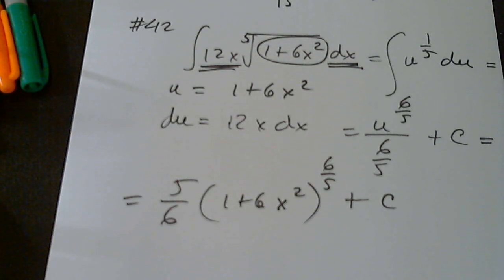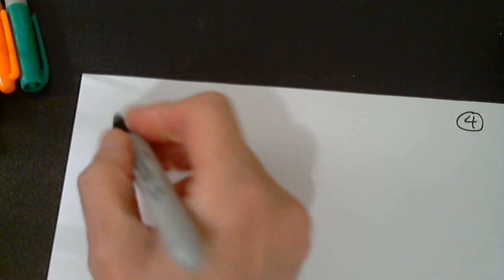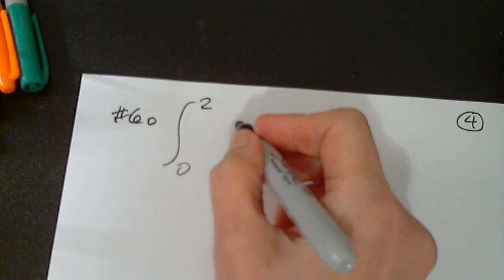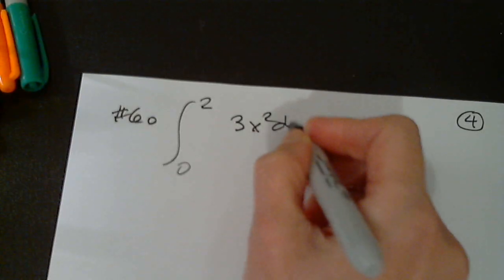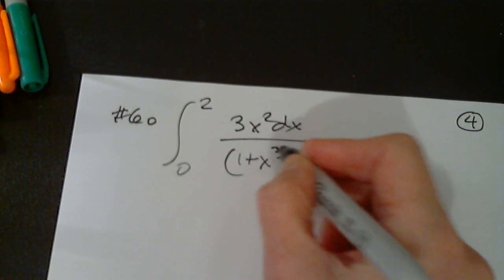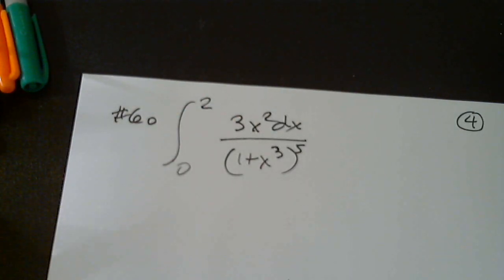Anything else? Can we do 60? Yes, of course. Let's do 60. I highly recommend also looking at the ones that we had in class when we discussed the topic for more practice. So we said 60. The definite integral from 0 to 2 of 3x squared dx, everything divided by 1 plus x to the third, everything to the 5th power. Okay.